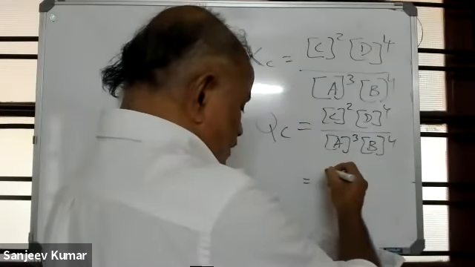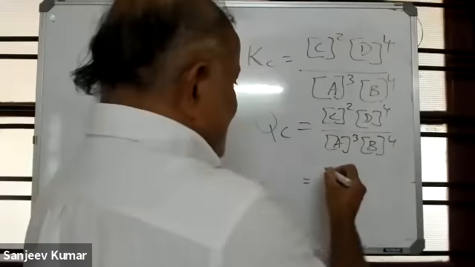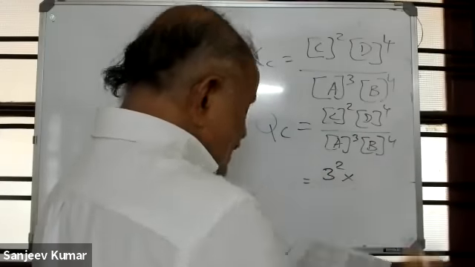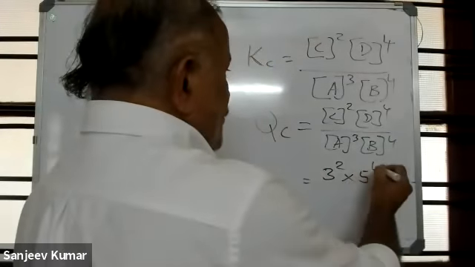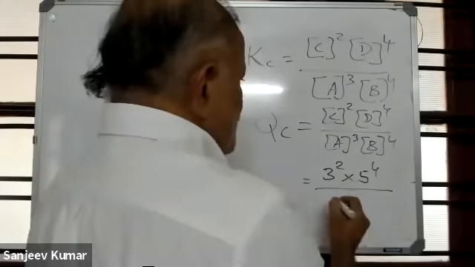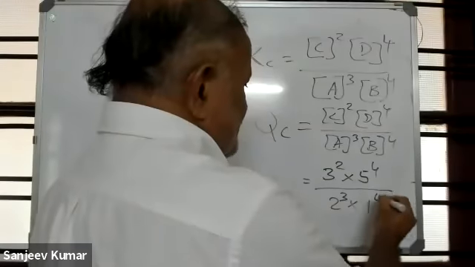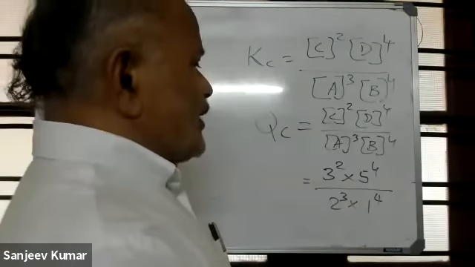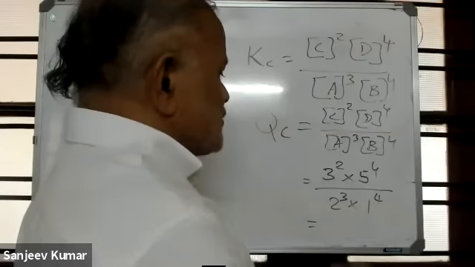Therefore, it is equal to 3 raised to 2 into 5 raised to 4 by 2 raised to 3 into 1 raised to 4. That is 3 square into 5 raised to 4 by 2 raised to 3 into 1 raised to 4.